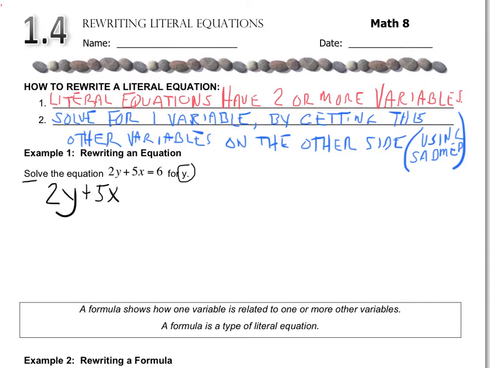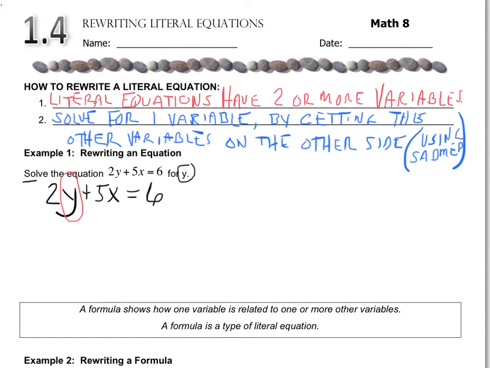So if I look at this equation, I see adding, I see some multiplication. Remember, we're trying to get this y by itself. The things that have to move from the y: there's a 2 that has to move away, which is connected by multiplication, and then there's also a 5x that's being added to that term.